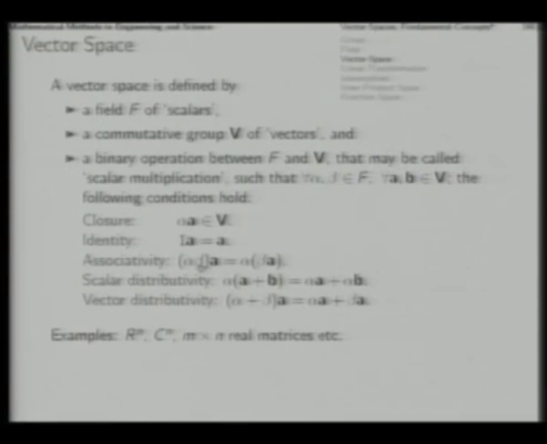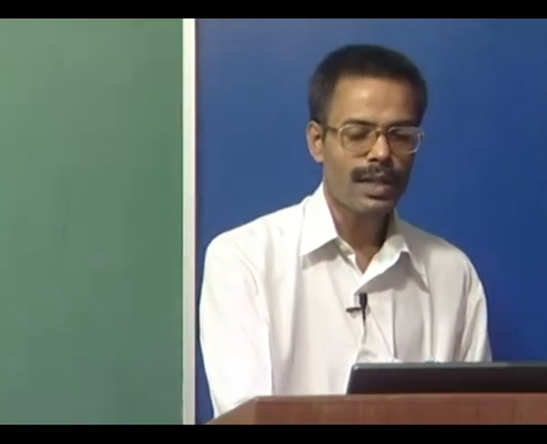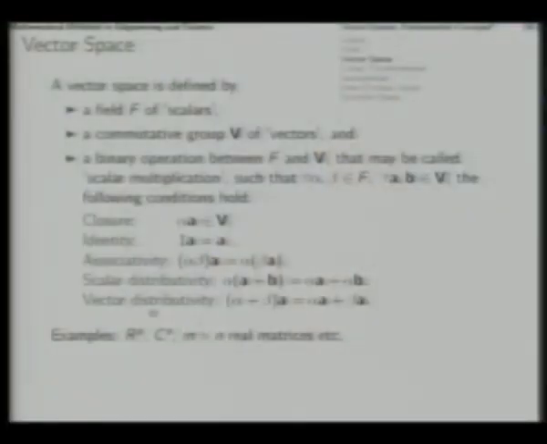If such things happen for all alpha, beta in F and all a in V, then we will say that the scalar multiple operation is associative as well. And then there are two distributive properties, scalar distributivity and vector distributivity. When all these conditions hold, then we say that what we have got is a vector space V, in which a lot of vectors are there, and all these vectors are defined over the field F of scalars.